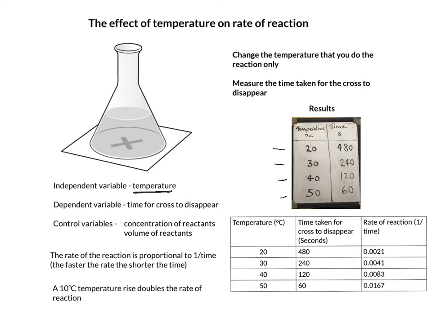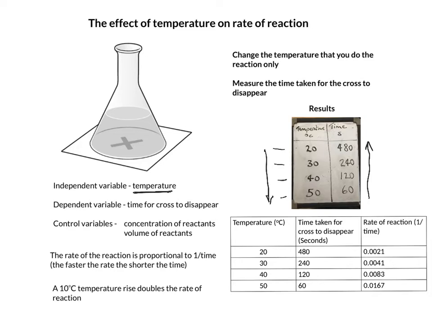Now what you see is this relationship: as the temperature increases, the time for the cross to disappear decreases, and the key thing here is to note that the rate of the reaction is proportional to 1 over the time. It's inversely proportional.